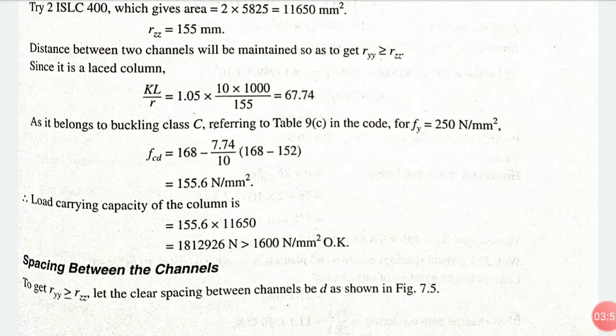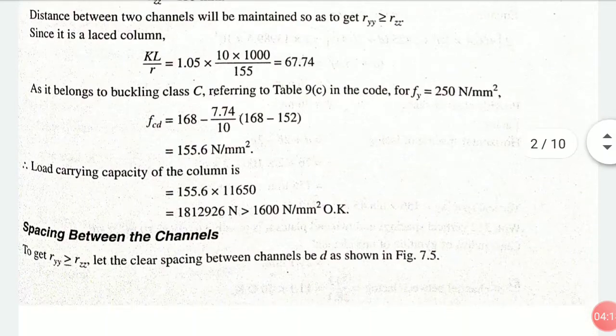Okay, from table 10 we can get the buckling class of the channel section, that is buckling class C, referring to table 9C. And using the grade of steel for the compression member as 250 newton per mm square, we have the design compressive stress of ISLC channels.